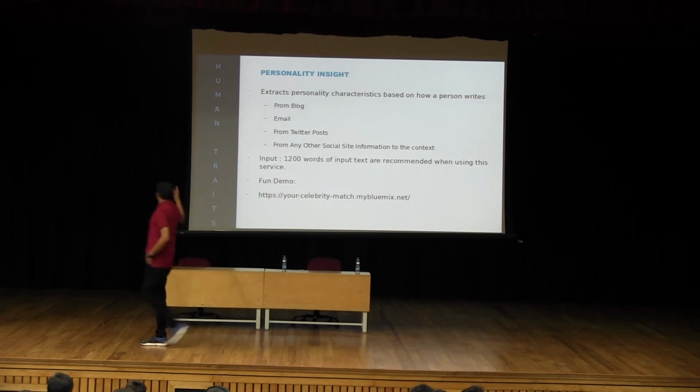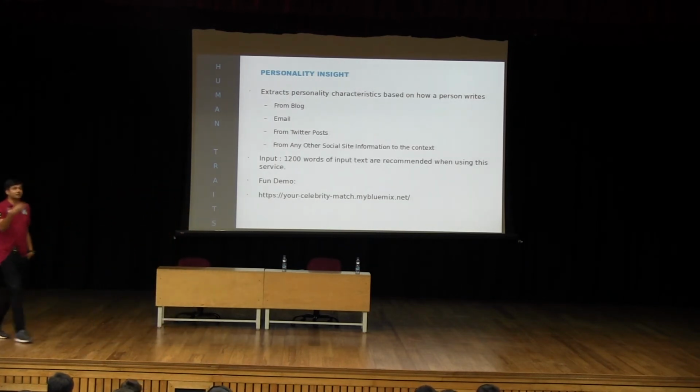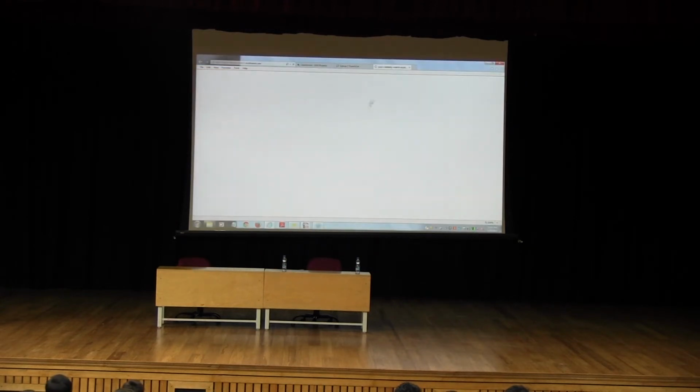It will extract your human traits from the blogs you are writing. Apart from that, you may be writing multiple mails, so from your mails also it can extract your human traits. Similarly, from your Twitter posts. I'll show you a demo. We do have a demo for this.